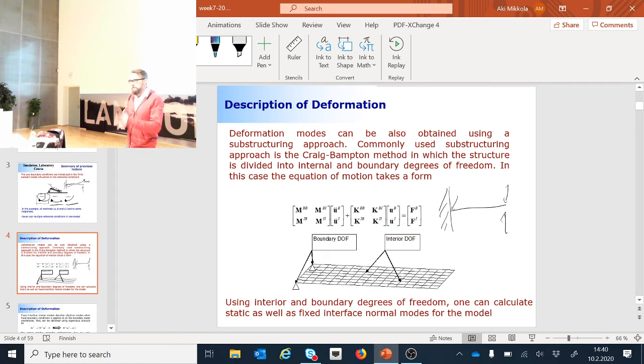Now, what happens inside your finite element software is that the software will reorganize the columns and rows of your mass and stiffness matrix in such a way that the boundary degrees of freedom will be located at the very beginning of the rows of nodal degrees of freedom. The corresponding part of the stiffness matrix will be located here. Then the rest will come later, and there are degrees of freedom that are only related to internal degrees of freedom.